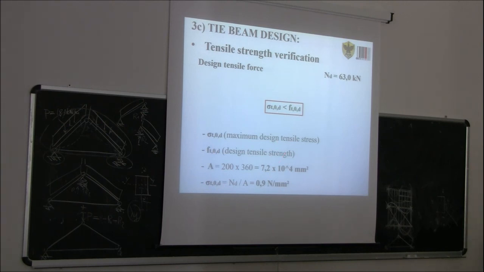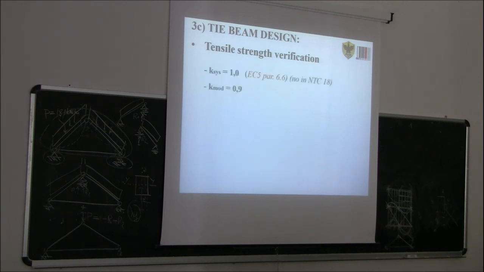We get 0.9 Newton per square millimeter. Now the calculation of the tensile strength by using all these coefficients from the Eurocode file: the characteristic tensile strength of this timber is taken from the table. So it's 10 Newton per square millimeter. Divided by 1.5, we get 6 Newton per square millimeter.